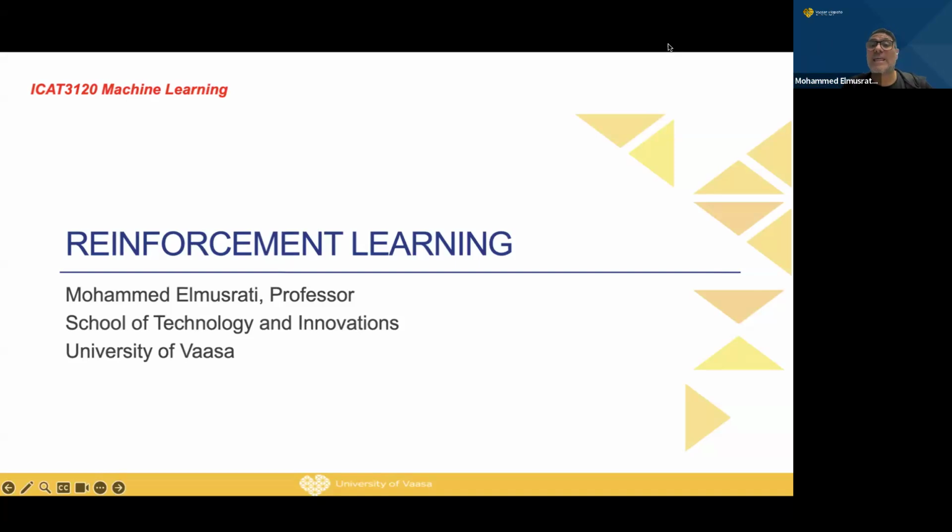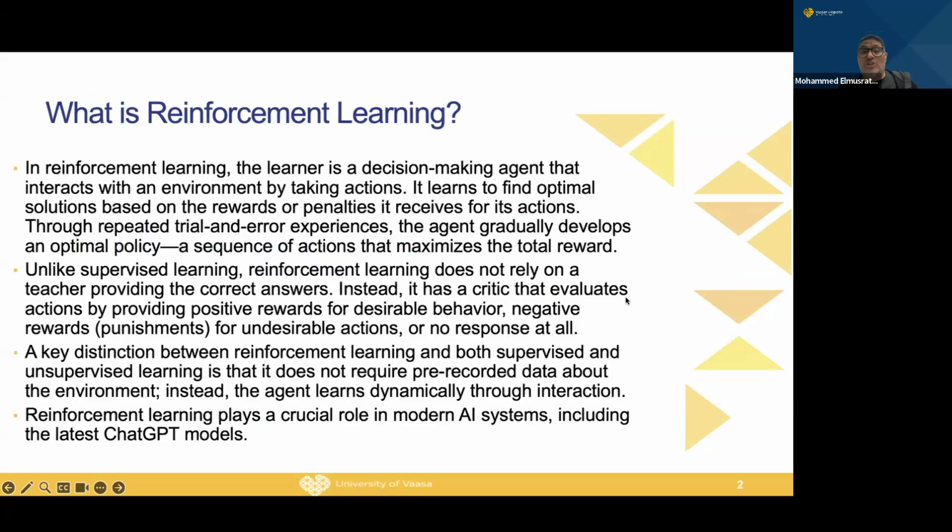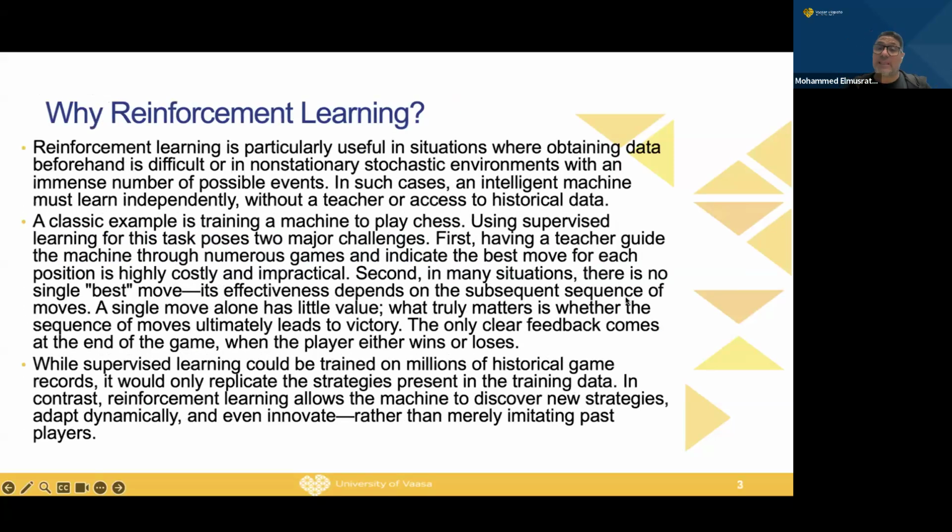The reward will come at the end when it wins the game. This is one example of delayed reward or delayed punishment, because if it loses the game, it will receive punishment for the strategy or policy the reinforcement learning was playing in that game. So this is generally the concept of reinforcement learning.